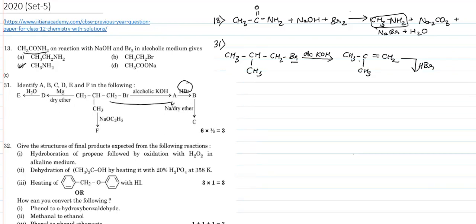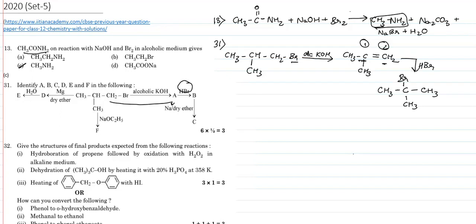So here between this carbon and this carbon, that is carbon number 1 and 2, considering just randomly, it's not based on the nomenclature. So the first carbon has basically no hydrogen atoms. So the bromine will get attached to that carbon. So the product over here is going to be CH3, C, CH3, Br, and another CH3.